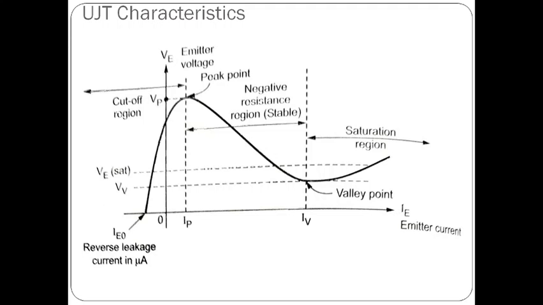So before the peak point, we can say it is the cutoff region. From the peak point to the valley point, it is the negative resistance region, and the third one is the saturation region.